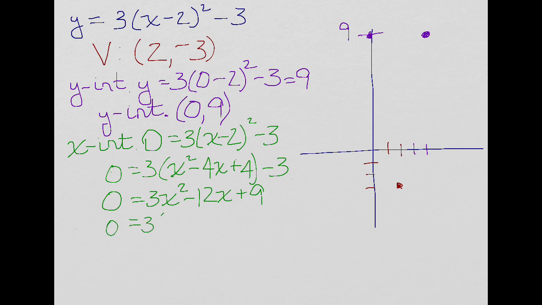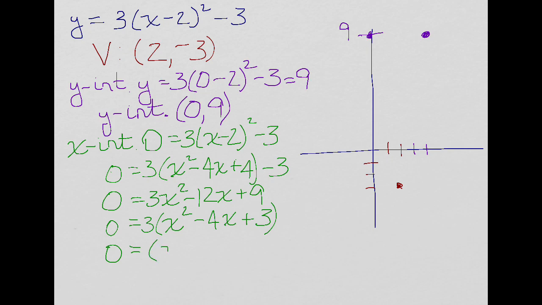So I got 3 times x squared minus 4x plus 3. If I divide both sides of this equation by 3 at this point, on the right, when I divide by 3, it will go away. On the left, 0 divided by 3 is still 0. So I'm just going to factor what I have here. That will factor.